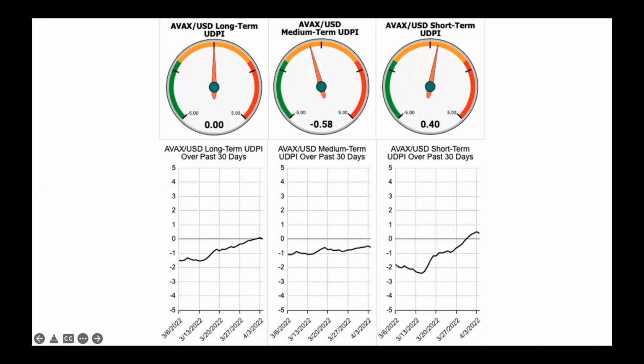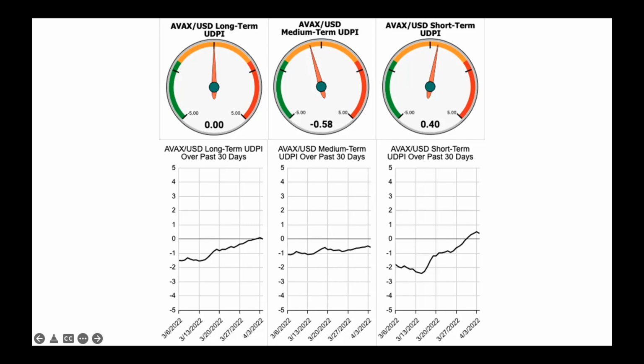So, we want to keep two things in our head at the same time about Avalanche. That, ideally, we would get a better entry if we were looking to establish a position, and not financial advice, but that's my best read of the data. But also that, that's very much worth doing because Avalanche has a bright future.